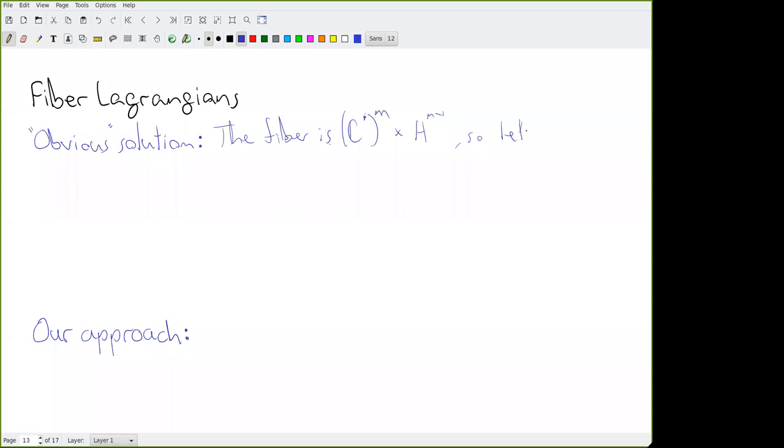So let's use T^m cross, I'll call it L^(n-1). And so this is going to be Sheridan's Lagrangian, which kind of lives in the center of the pair of pants. So this probably works.